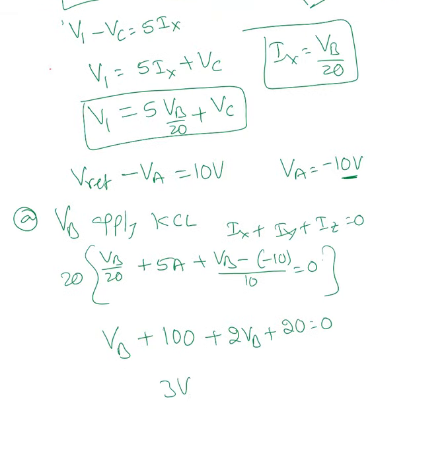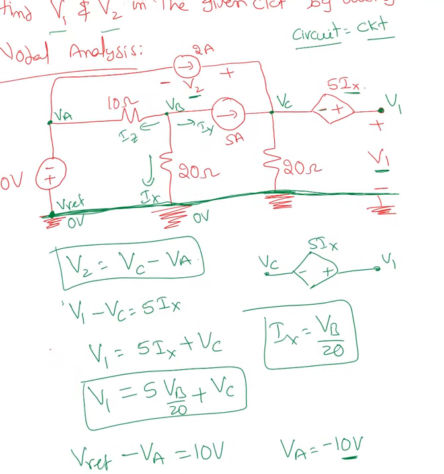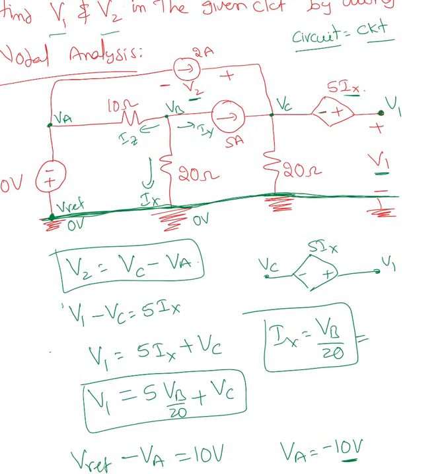So 3VB equal to minus 120, VB equal to negative 40 volt. Okay, I end up with VB value as negative 40. So what is Ix? Negative 40 divided by 20, negative 2 amperes. So current is flowing in the opposite direction.